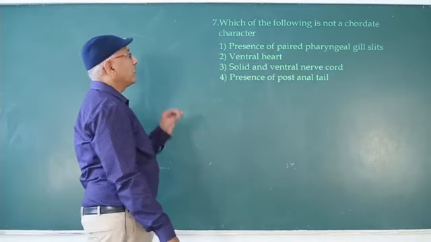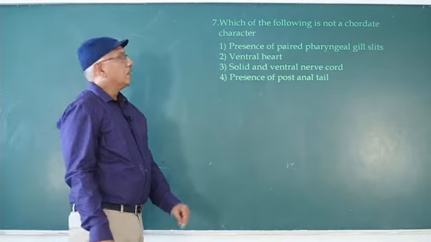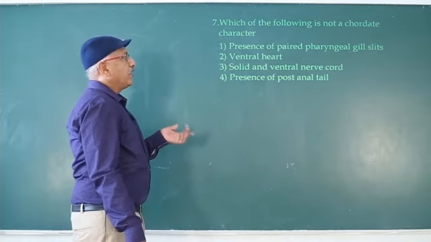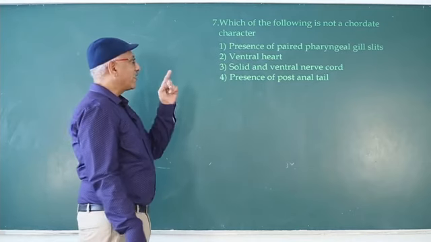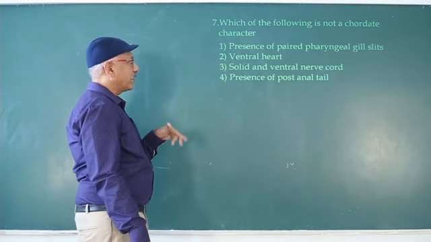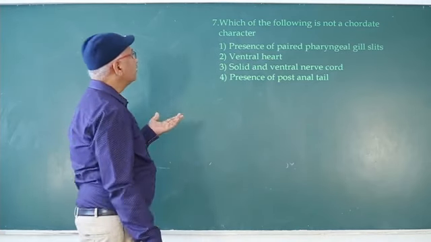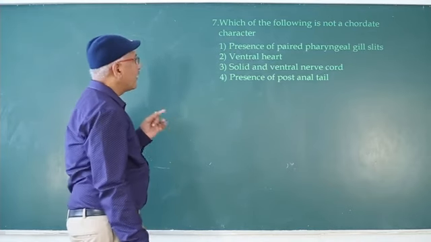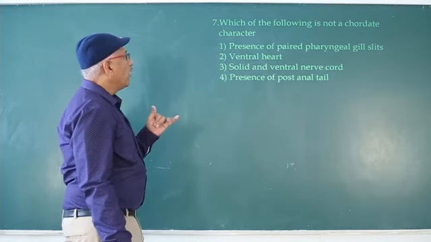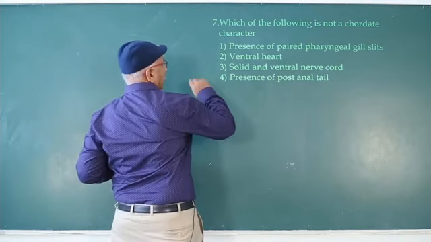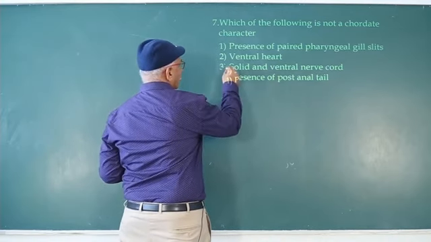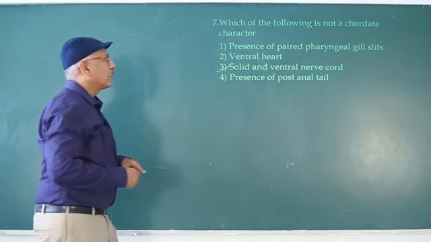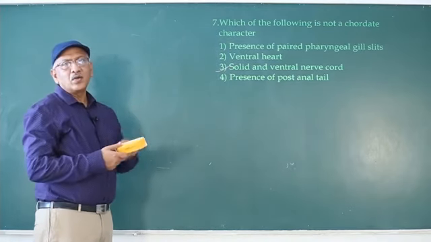Which of the following is not a chordate character? Presence of paired pharyngeal gill slits is one of the chief chordate characters. Ventral heart is a chief chordate character. Notochord. Which one is not a chordate character? Solid and ventral nerve cord is not the character.